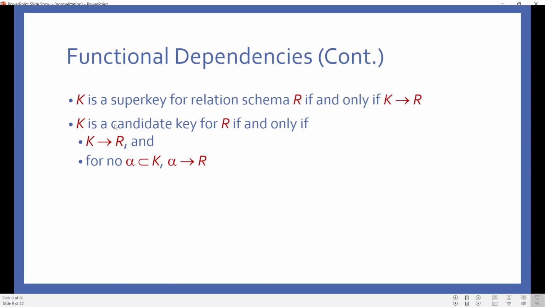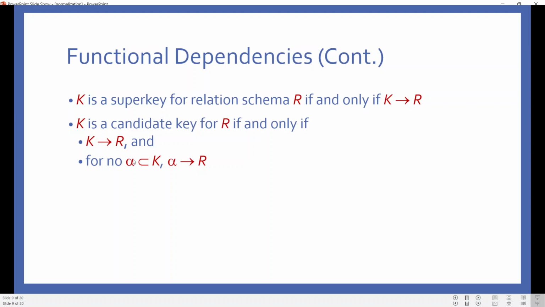Another thing: K is a candidate key if and only if this should also hold, that is, by knowing K, you can determine the attributes of R. Also, there shouldn't be any subset of K, any attribute which is a subset of K, which can determine the complete relation.